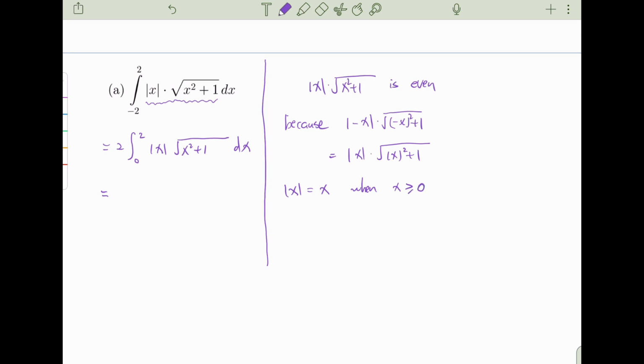Since x is from 0 to 2, I can just remove the absolute value here, and now it becomes x.